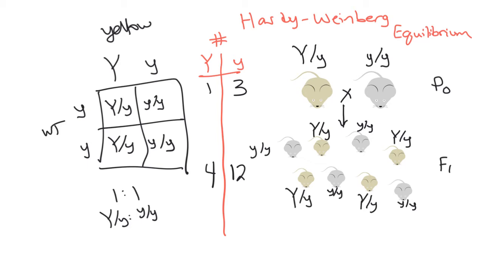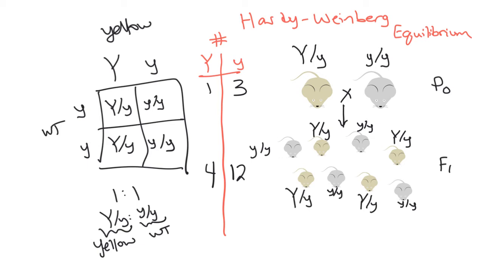Restated, this cross exhibits Hardy-Weinberg equilibrium, and the genotype ratios that are produced are the ones that you would predict based on Mendelian segregation patterns. That is, the heterozygote genotype produces yellow mice, and the homozygous recessive genotype produces wild-type mice. So there's a 1-to-1 genotype ratio in this cross, and that corresponds to a 1-to-1 phenotype ratio.